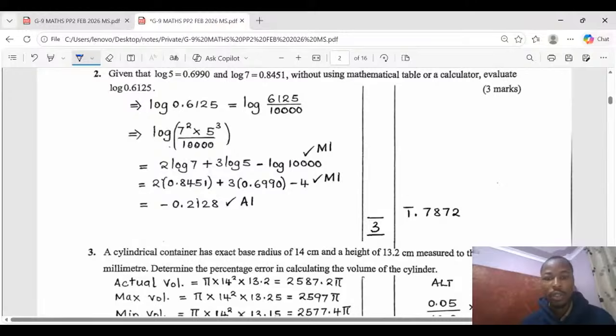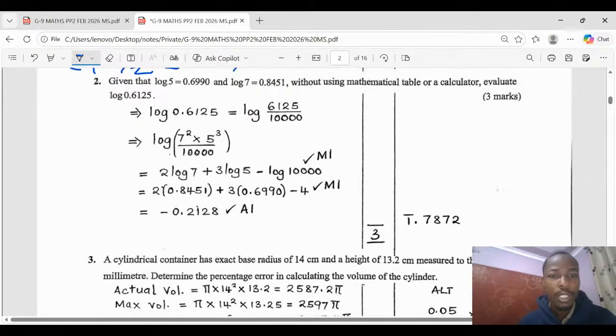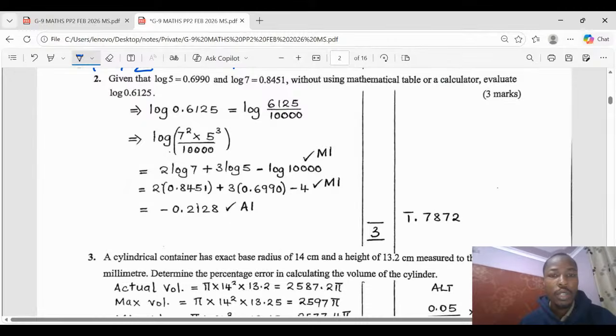Again, this question is very essential for those who are doing these kinds of questions. You have to be very keen because it's very challenging for some of the students. So ensure that you use the log 5 and log 7 that you have been given.